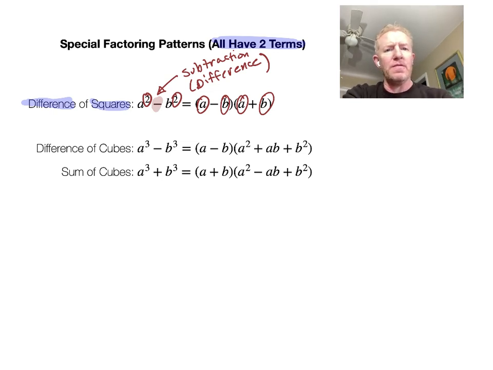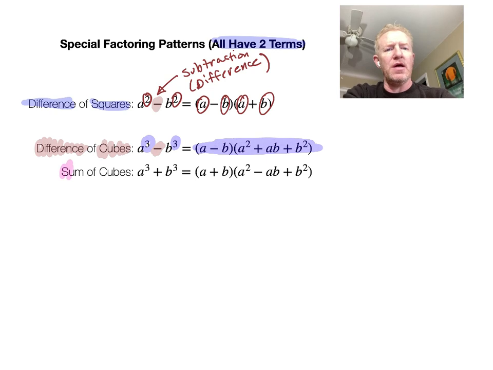Okay, the tougher ones, we got a difference again. So it's a subtraction, but this time it's going to be cubed things. And so you can see it's something cubed minus, that's the difference part, something cubed. And man, look at the size of that factorization. It can be really easy though once we memorize that.